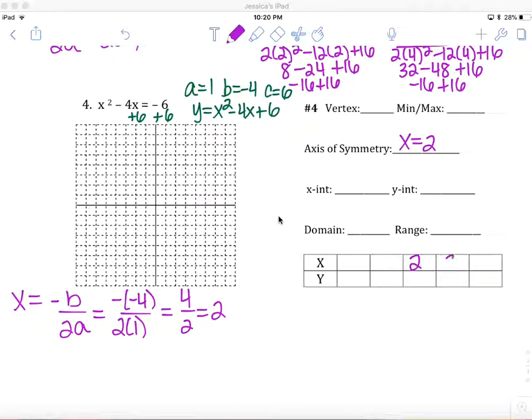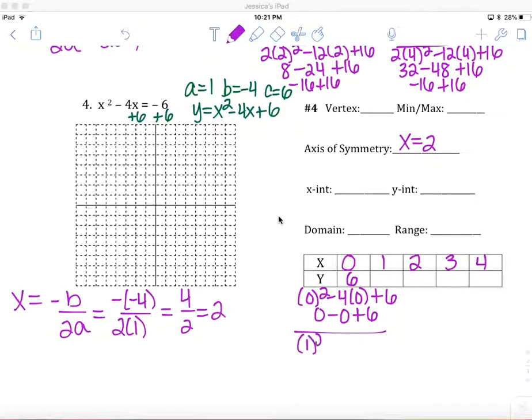I'm going to fill in my x values around 2, and I'm going to plug these in to figure out my y values. So plugging in 0, I have 0 squared minus 4 times 0 plus 6. 0 minus 0 plus 6 means I have the point 0, 6.